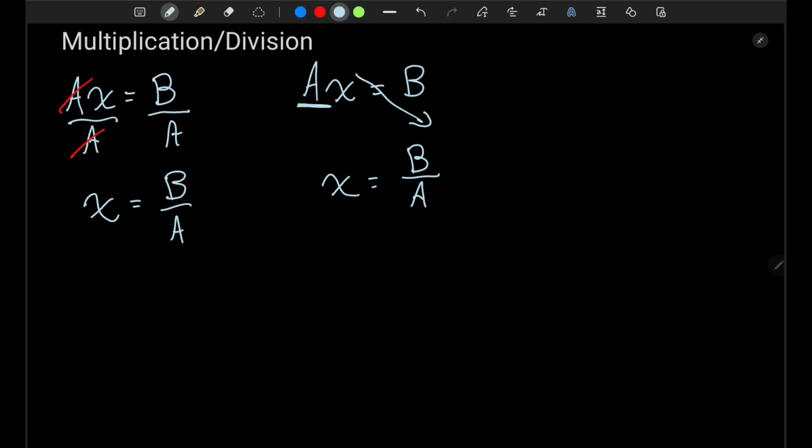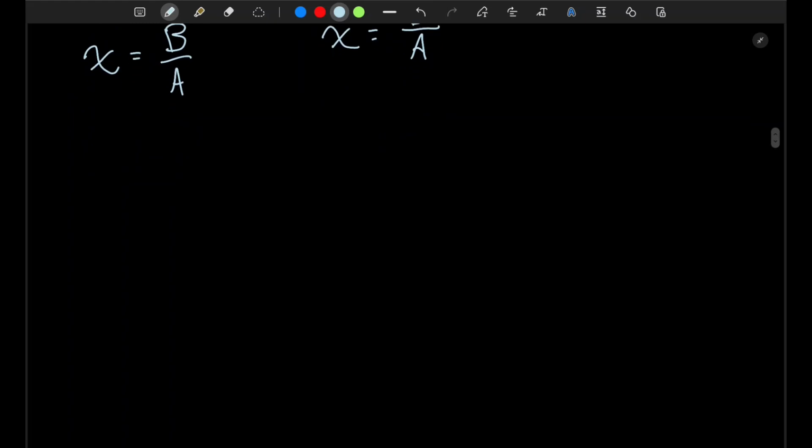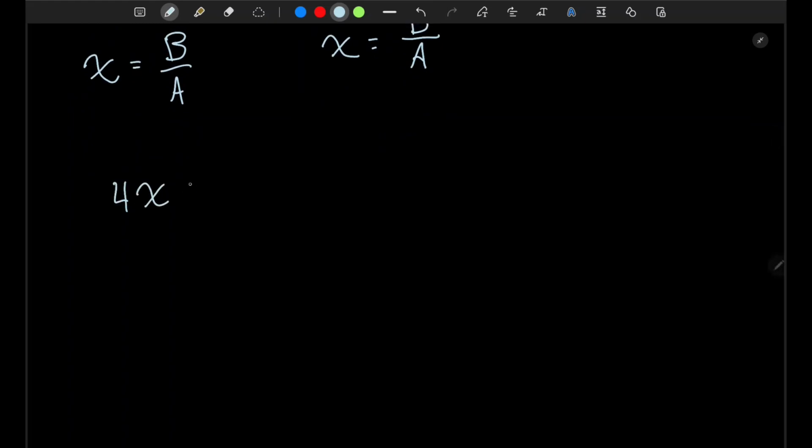This might not seem like we're saving a lot of time, but if we look at something maybe a bit more complicated, well, let's say that we have 4x times y squared is equal to 3z, and we want to solve for x here. What you can do is you can just look at this and go, okay, we have a 4 and a y squared.